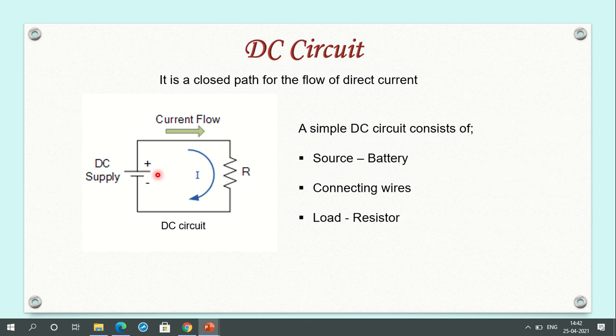Here in the circuit, this battery or this cell acts as the source of power. And there should be wires to connect the various components. The next part is the load. Load is that part of the circuit that receives the power supplied by the source. Here this resistor acts as the load in this particular circuit.